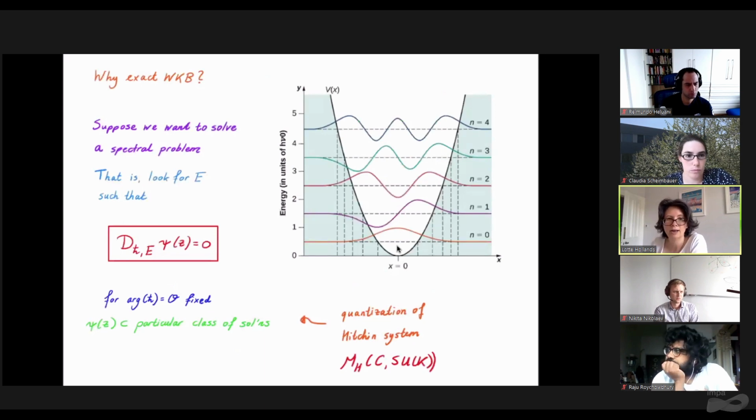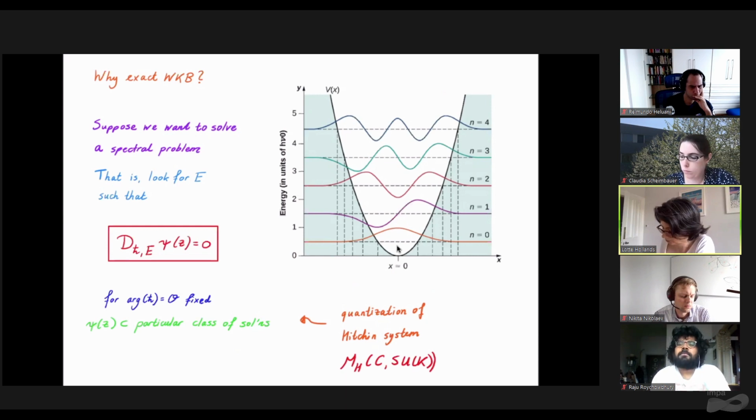Right, so why would we be interested in exact WKB, the second keyword of the title? Exact WKB is a method for studying monodromies, or in general Stokes phenomena, of differential equations. There are some applications that we will be interested in in this talk, and one of them is, suppose that we want to solve a spectral problem.